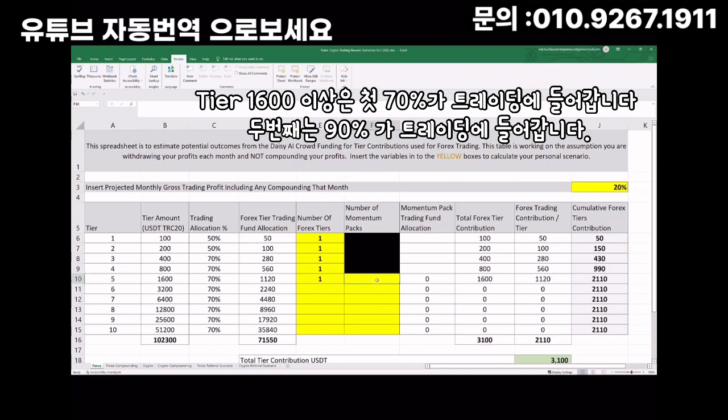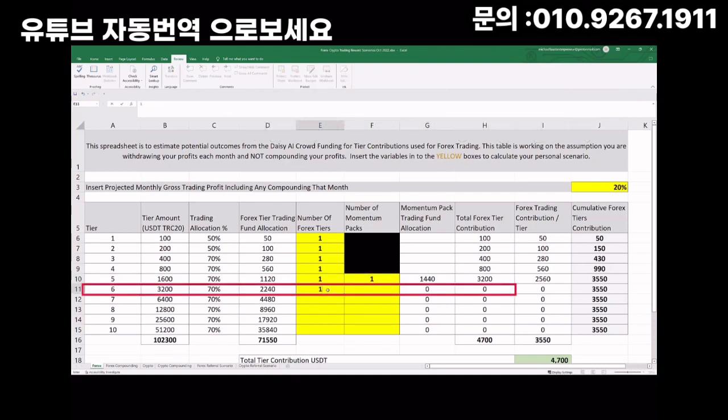So you can get a momentum pack. Momentum packs have 90% going to the trading pool rather than 70%, but you have to first have the normal tier 5 to get a tier 5 momentum pack. You first need to get the normal tier 6 with 70% in order to get a tier 6 momentum pack.